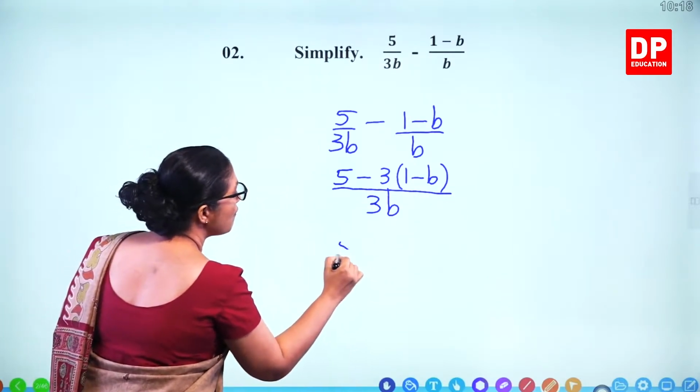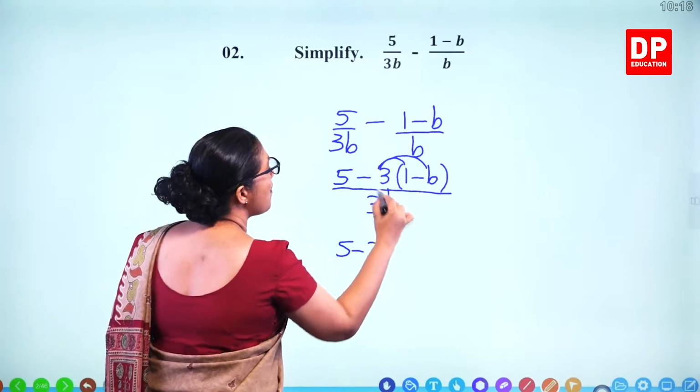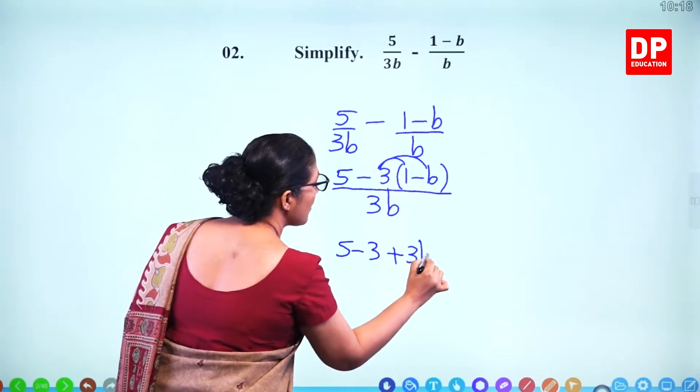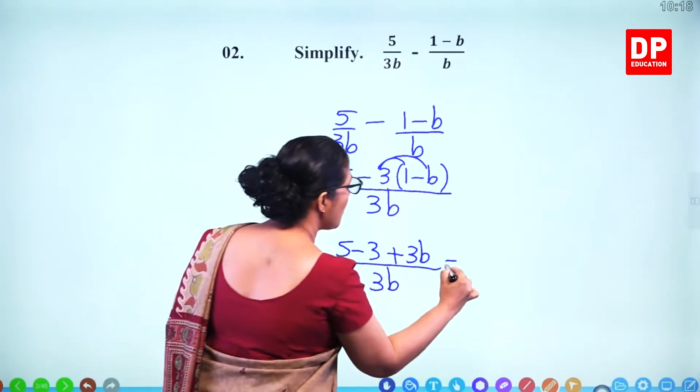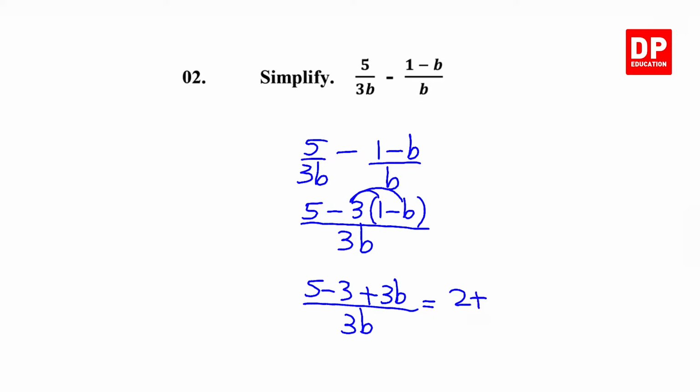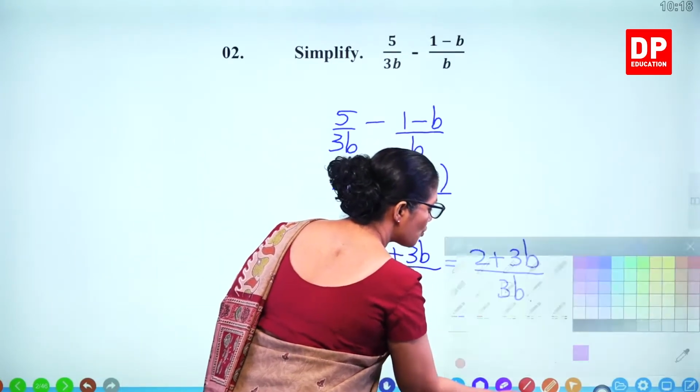Now simplify. 5 minus 3 plus 3b equals 3b. 5 minus 3 equals 2. 2 plus 3b over 3b. That's the answer. So 2 marks for that.